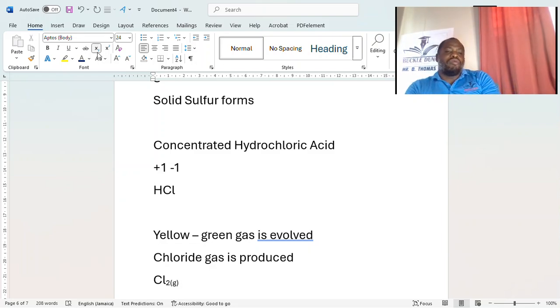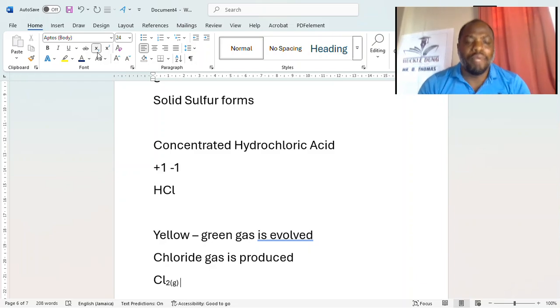Now the thing about chlorine gas is that it is yellow-green in its appearance when it evolves. Again, notice we talk about a brown gas, we talk about a clear or a colorless gas. You need to remember that none of these give the same observation. So at the end of the day, I can't stop emphasizing it: you just need to know the observation.